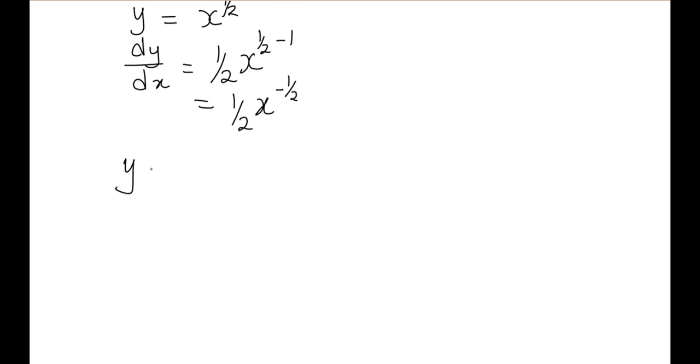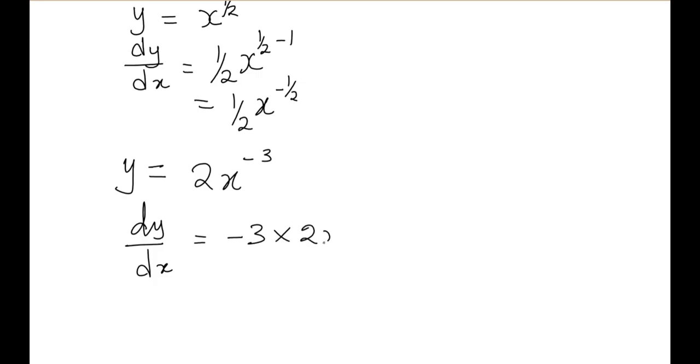You have y equal to 2x raised to the power of minus 3. Okay, so laws of indices, when you have a number to the power of minus 3, definitely it is 2 times 1 over x to the power of 3, but we won't be expressing it like that. So the dy/dx will now be the power, which is minus 3, multiplied by 2x raised to the power of minus 3 minus 1.